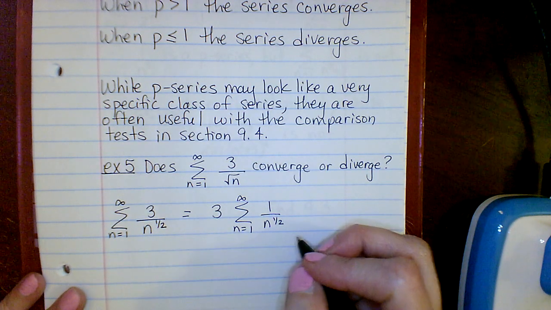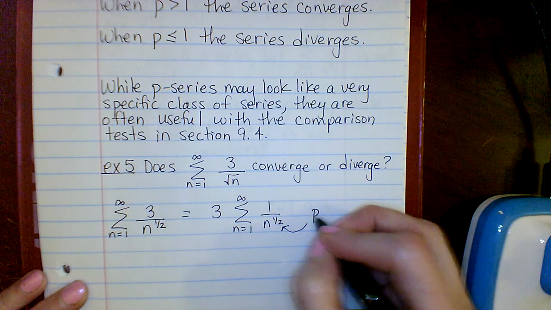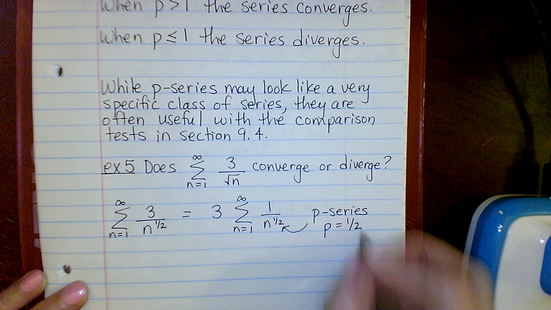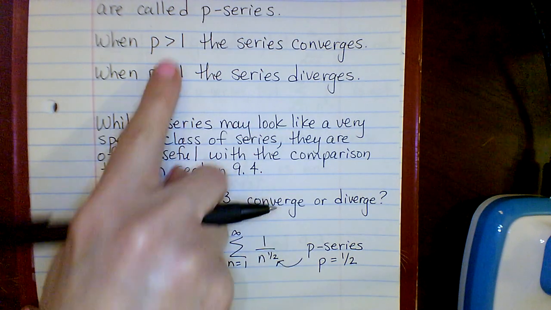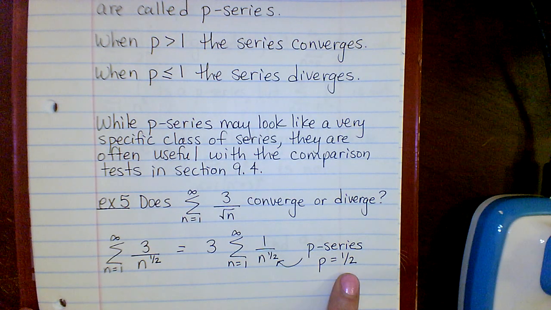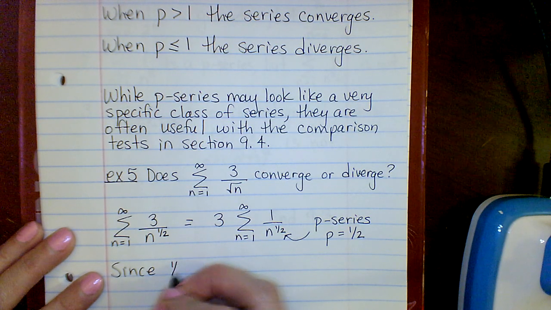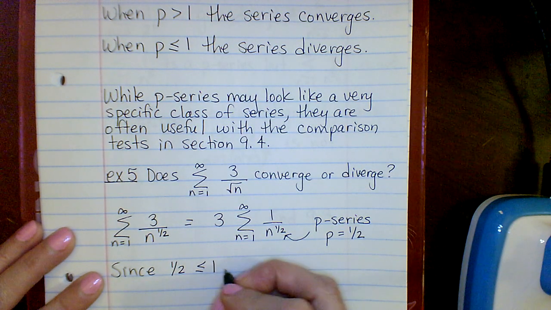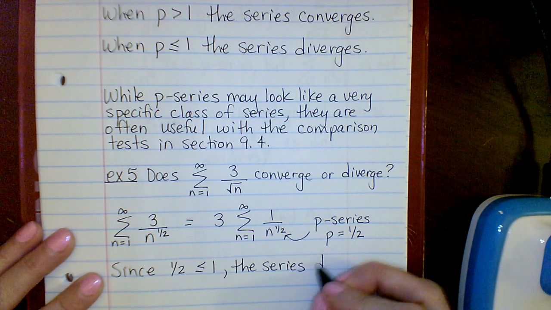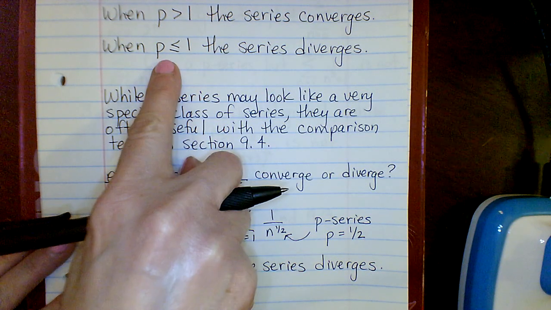So this is a p-series where p is 1/2. That's less than or equal to 1. So we'll say since that 1/2 is less than or equal to 1, the series diverges, since it fell into this category.